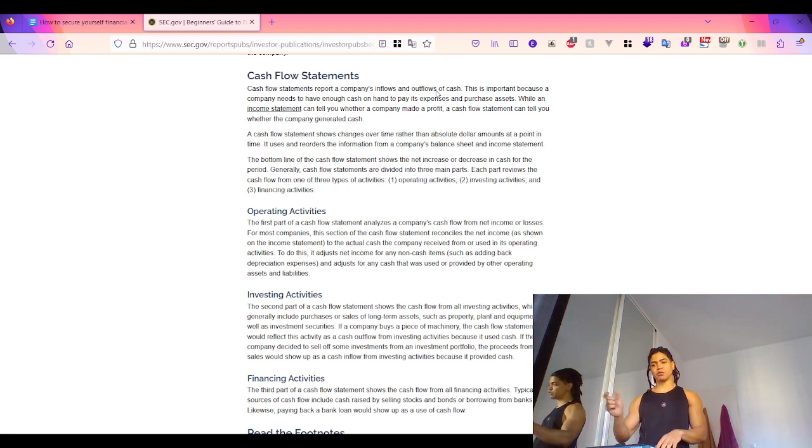The cash flow statement reviews the cash flow from these activities: operating, investing, and financing. And the bottom line of this statement shows you the net increase or decrease in cash.